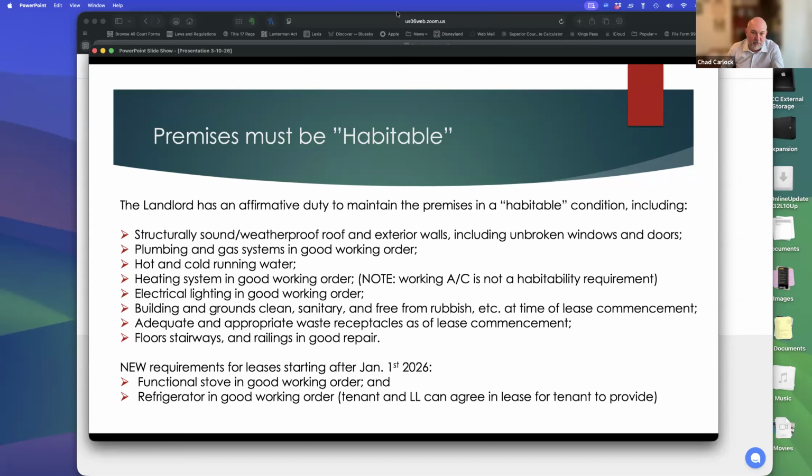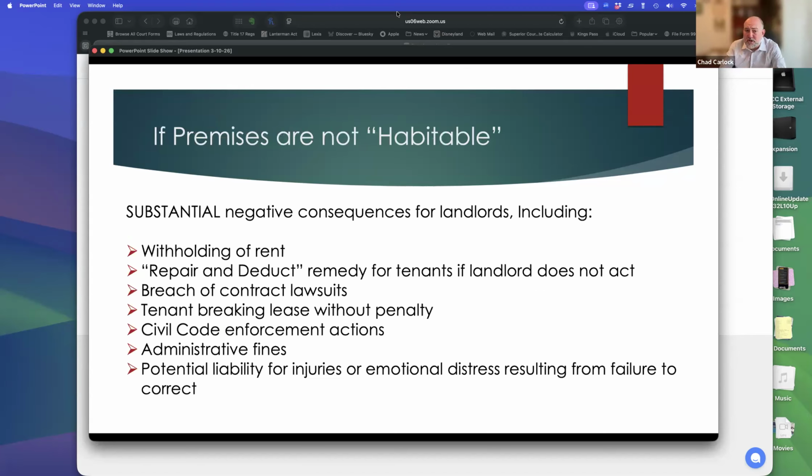If there's something that's reported to you during the term of a lease that affects any of these, it's extra important to address it as quickly as possible and as completely as possible. Because if you don't, there are substantial negative consequences for the landlords, including withholding of rent.